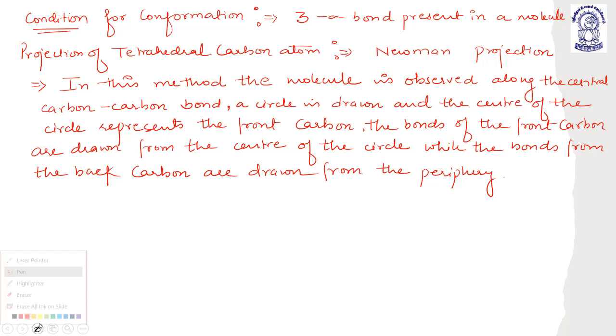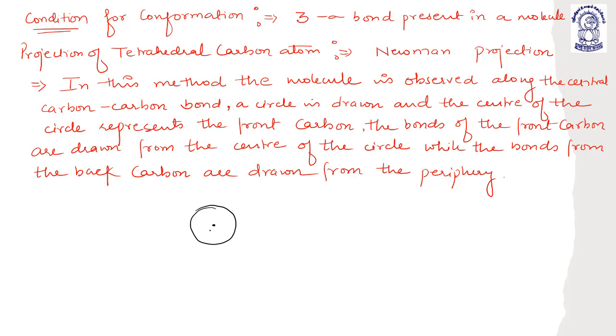like this is the circle. Okay, a circle is drawn, and the center of the circle represents the front carbon. So this is the front carbon.